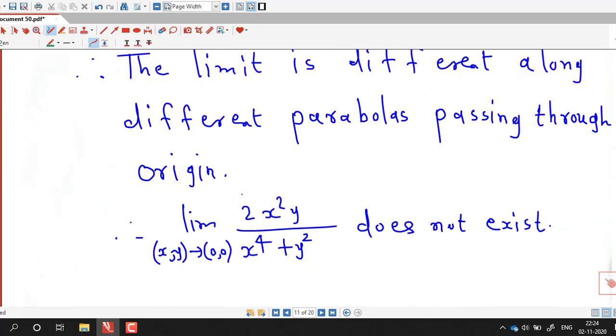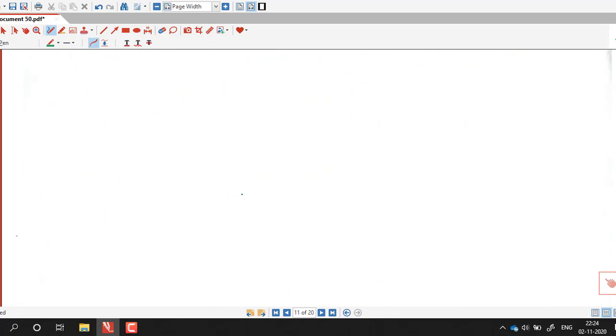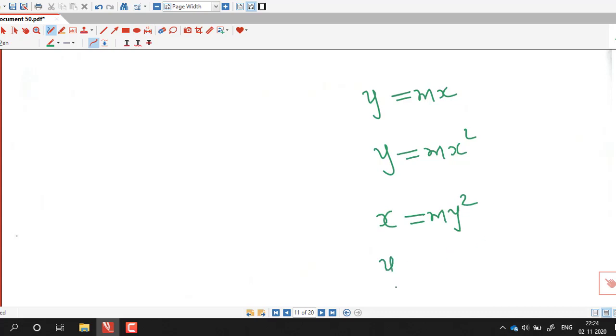Therefore limit does not exist. So you don't have to write down all possible paths. You can try by trial and error this type of different paths: y equal to mx square, or this type of parabola x equal to m into y square, y equal to m into x cube, x equal to m into y cube.